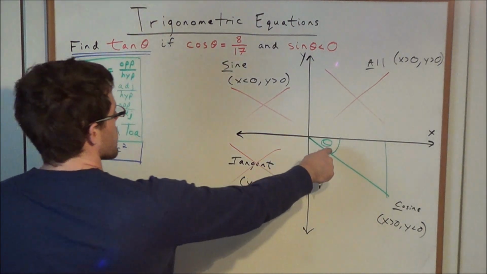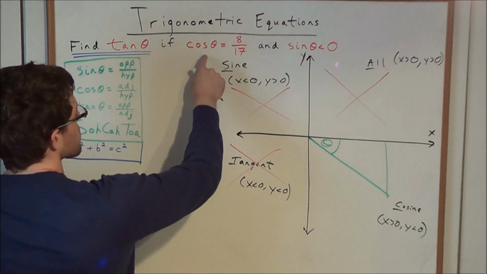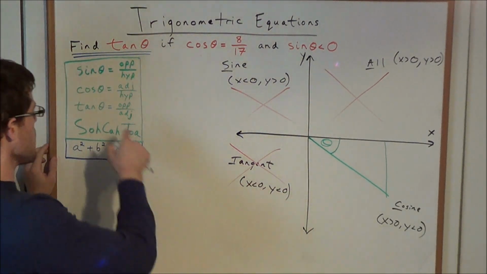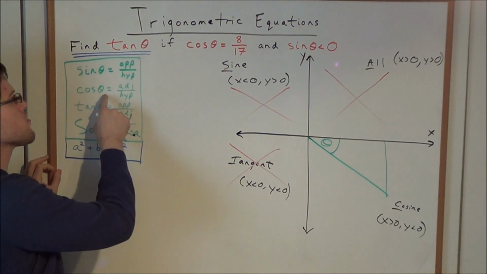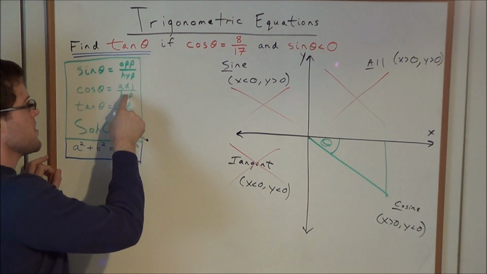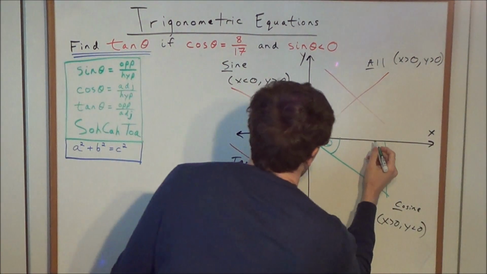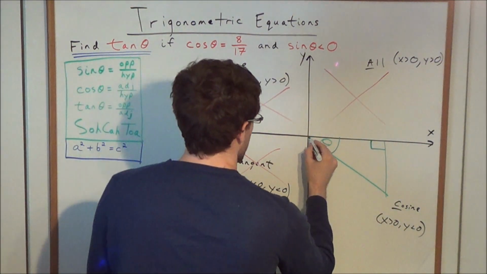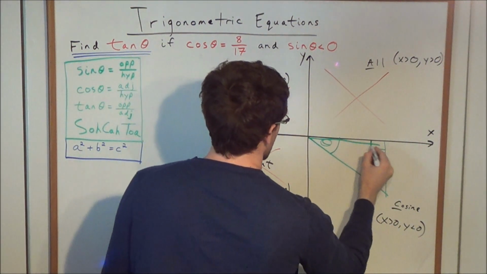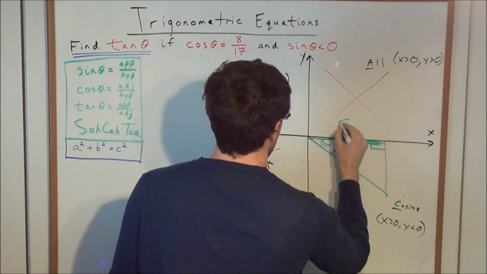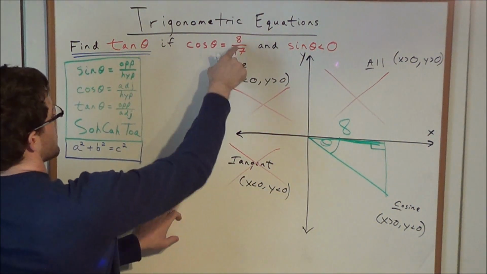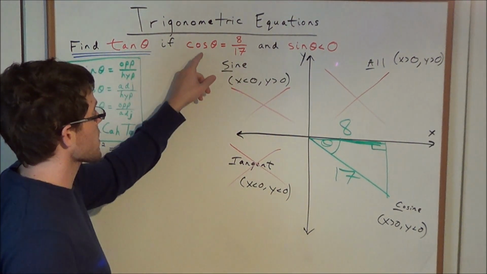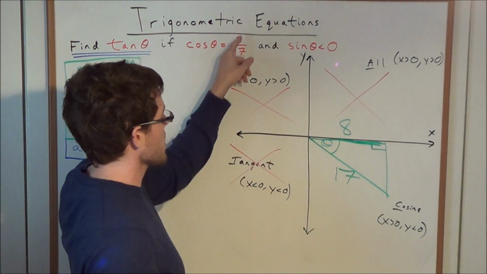Now, we're looking at our reference angle theta, and they told us that cosine theta is equal to 8 over 17. Recall that cosine theta is equal to the adjacent side divided by the hypotenuse. So on this right triangle, the adjacent side is equal to 8 and the hypotenuse is equal to 17, since cosine theta is equal to 8 over 17.